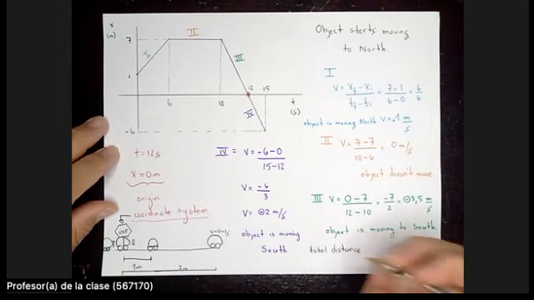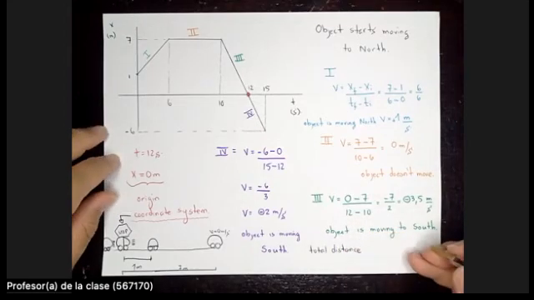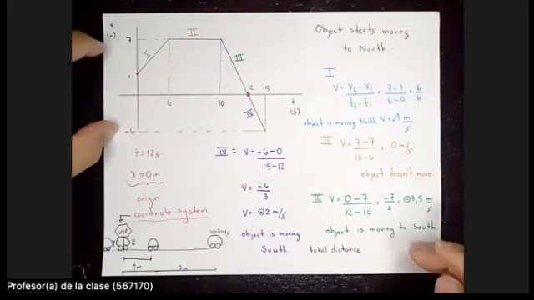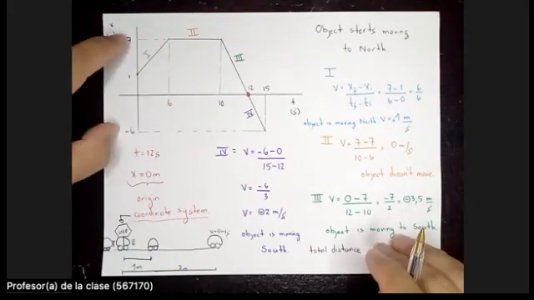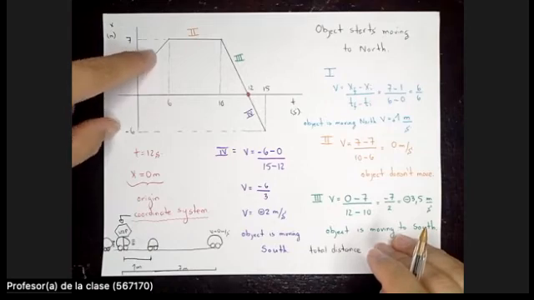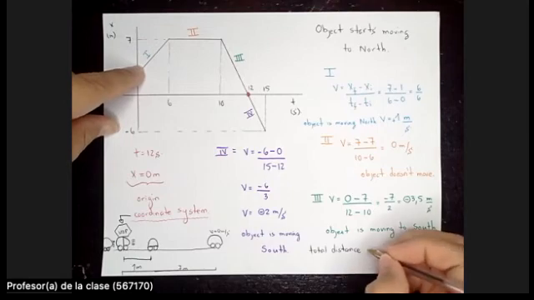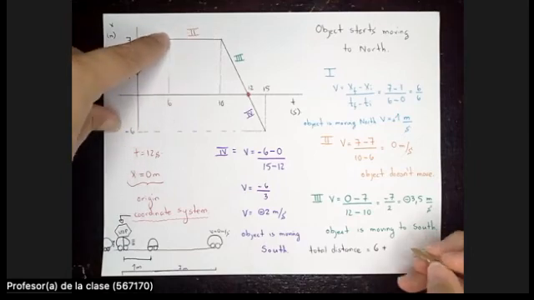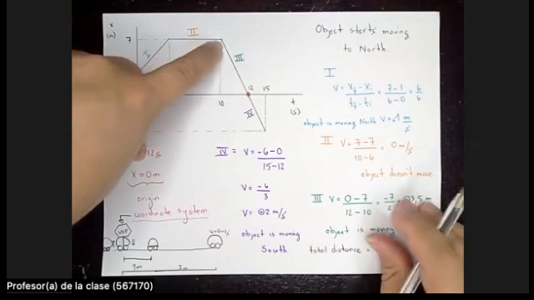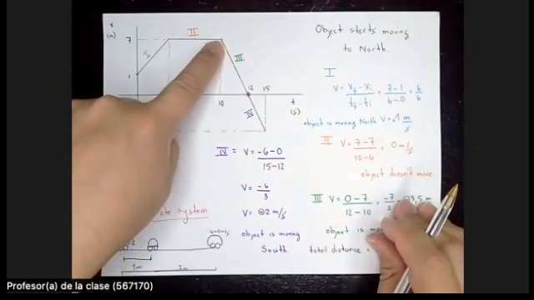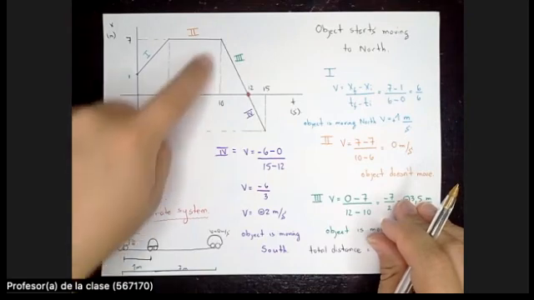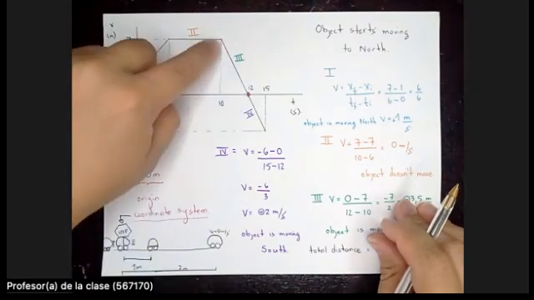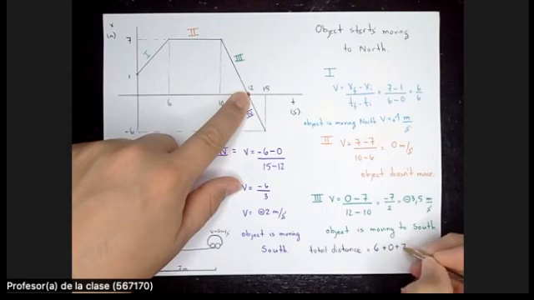The total distance is the addition of the distances. 7 minus 1, the distance that the car traveled on the first interval, is going to be 6. 0 on the second interval because the object doesn't move. 7, because the distance between this point and this point on the y-axis is 7, from 7 to 0.